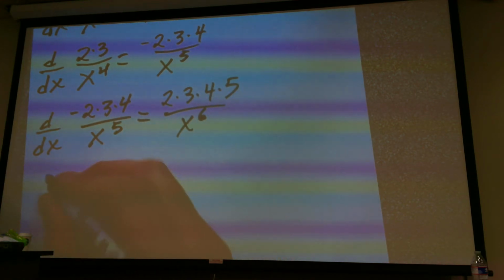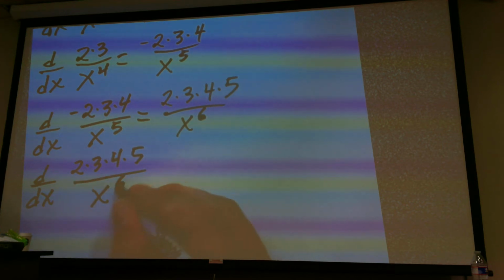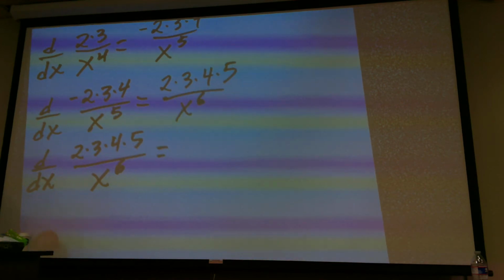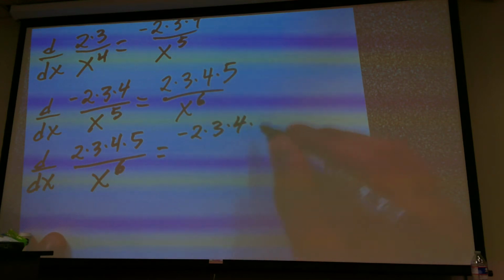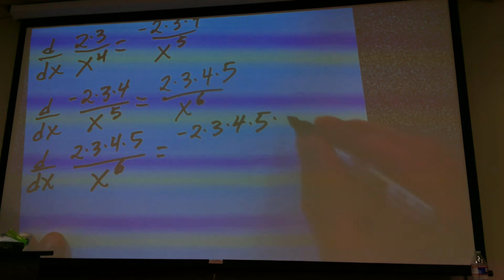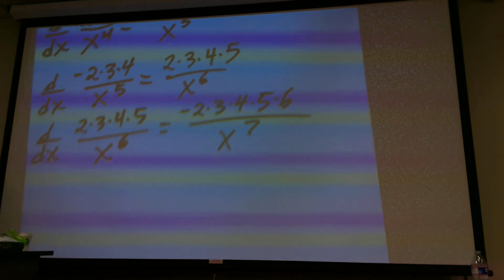And let's do this again. Say I took the derivative of 2 times 3 times 4 times 5 divided by x to the 6th. That would be negative 2 times 3 times 4 times 5 times 6 divided by x to the 7th.